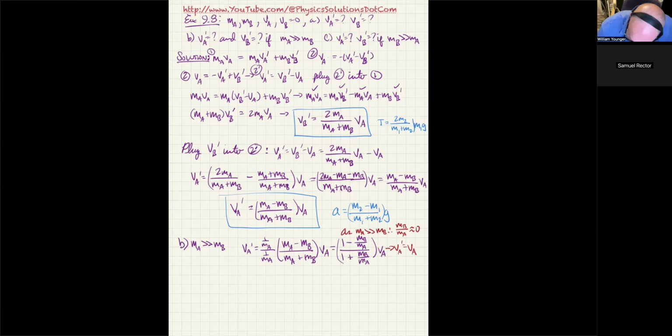In other words, the Mack truck is just going to plow right through everything and not even slow down. So if its speedometer was reading 60, it could pretty much read 60 all the way through the collision, which obviously is not good for the person in the small car, and pretty sad for the person driving the big car. Now let's look at VB prime.